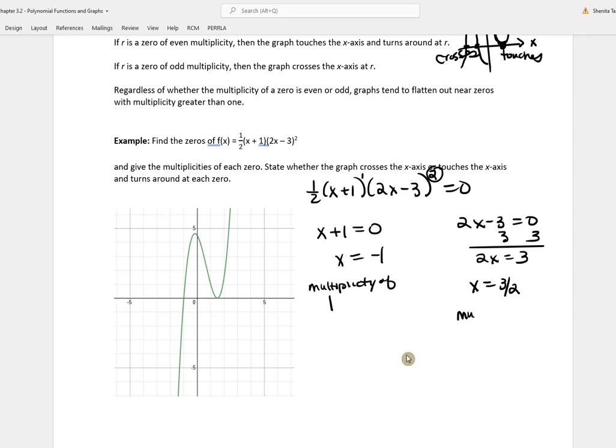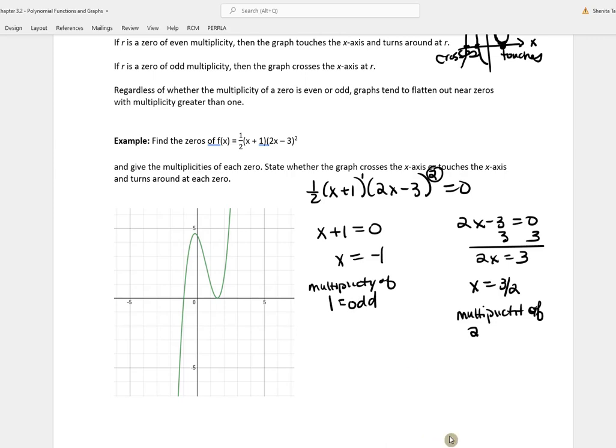So this is multiplicity of 2. That means 2x minus 3 appears twice in the equation. So if you solved it for x, you have 3 over 2 and another 3 over 2 because 2x minus 3 is squared.